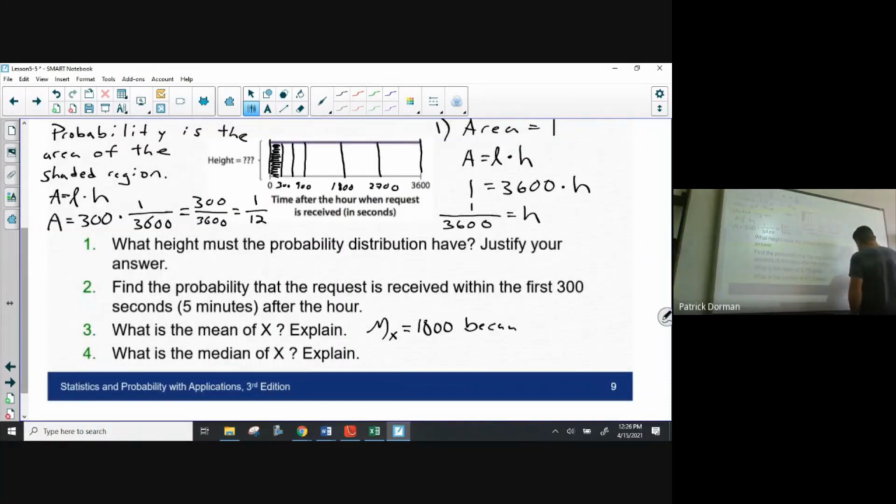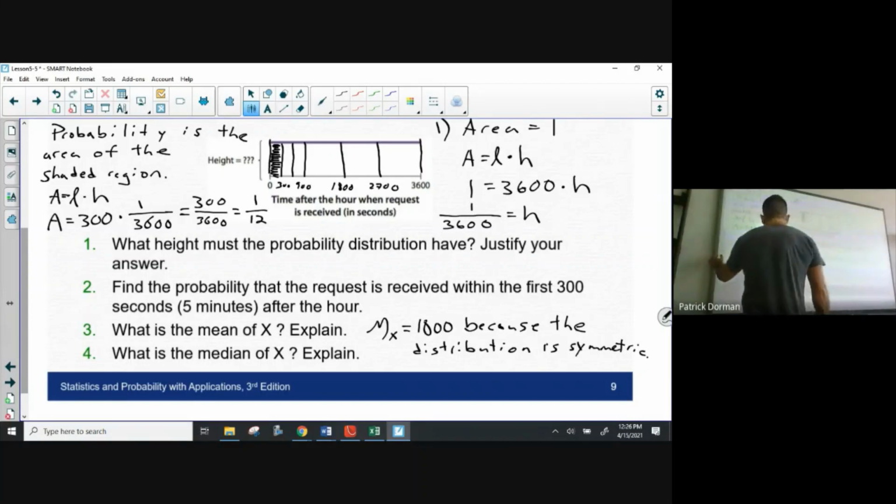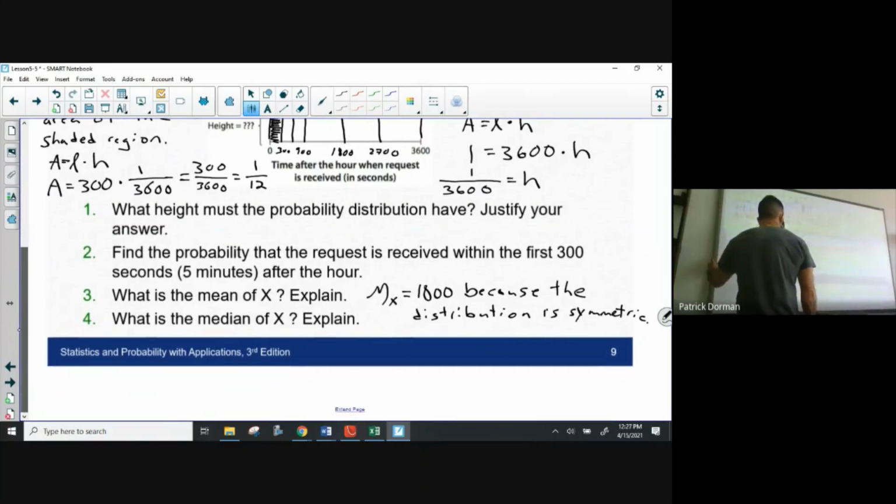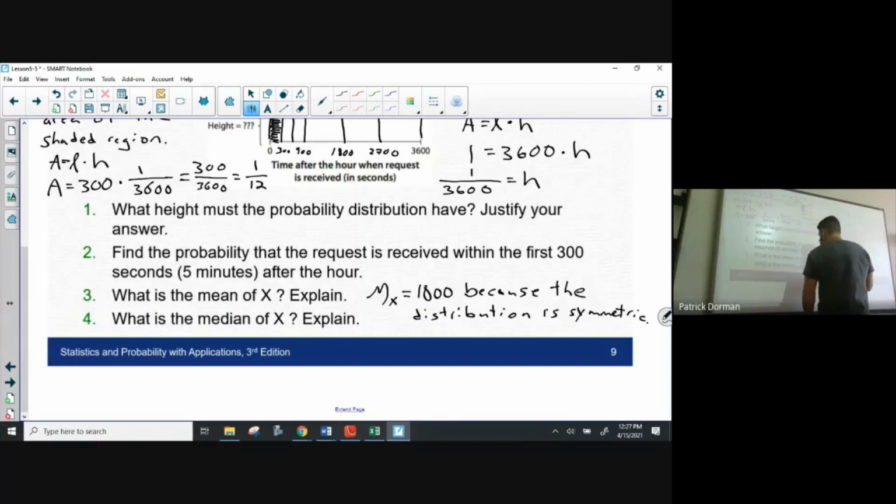Because the distribution is symmetric. And the median is also 1,800 for the same reason.